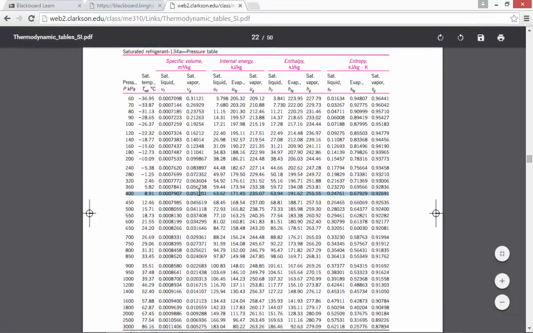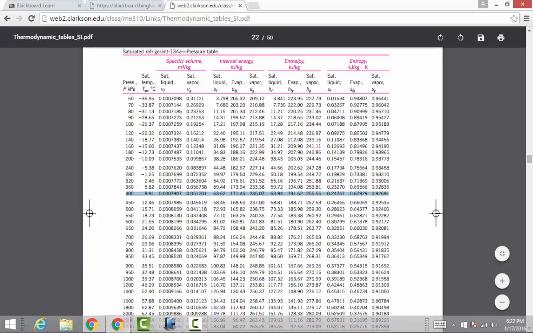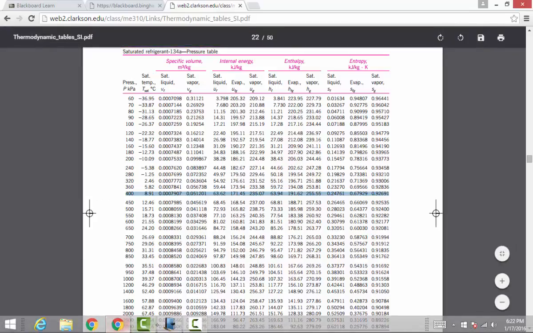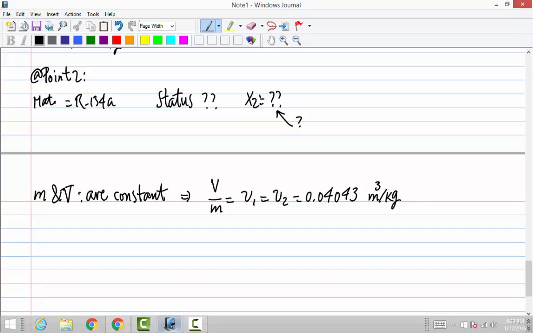Or did I pass the specific volume of saturated vapor? Or am I lower than the specific volume for saturated liquid? Based on the comparison between little v2 and Vf and Vg at that pressure, I can decide the status of the system.